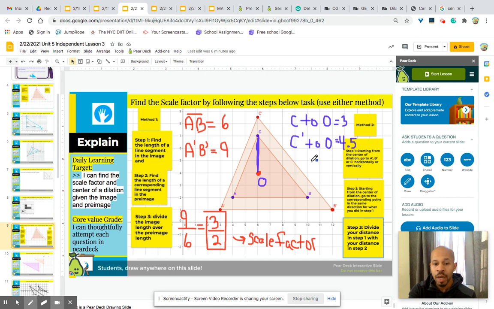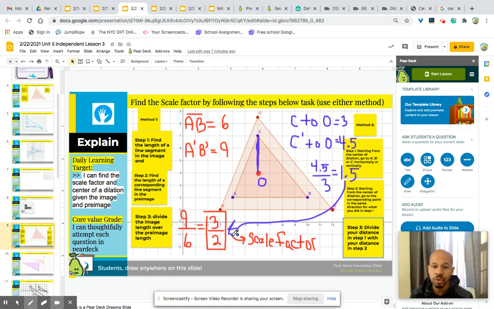So now we're going to divide 4.5 by 3. And if you do that in the calculator, 4.5 divided by 3 is 1.5, which is the same thing as 3 over 2.